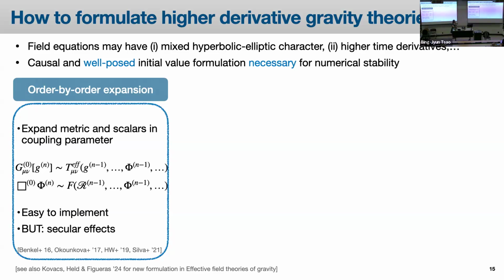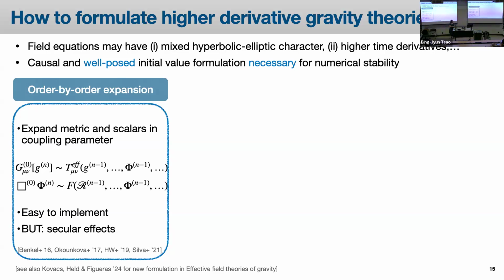If you do that, you will end up at each order in this expansion with the metric g at order n acted upon with the Einstein operator, so really just our wave operator for the metric in appropriate coordinates. And all the corrections enter at a lower order, so they really just give you an effective energy momentum tensor.